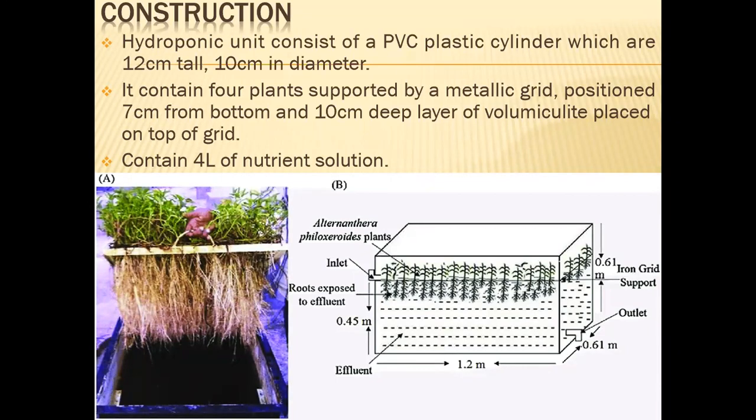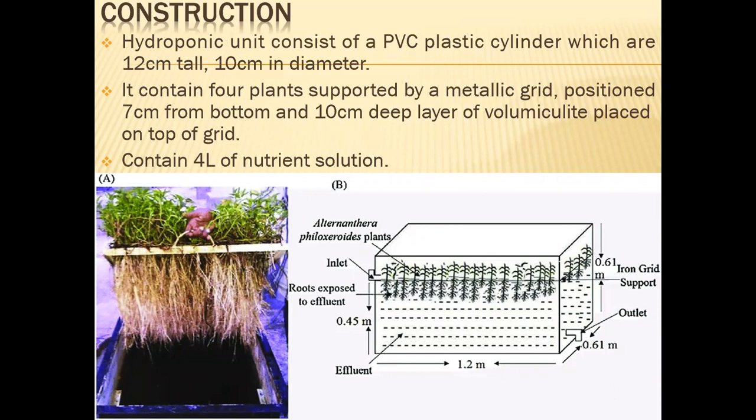This slide shows the construction of the model of the rhizofiltration. Hydroponic units consist of a PVC plastic cylinder which is 12 centimeters tall and 10 centimeters in diameter.